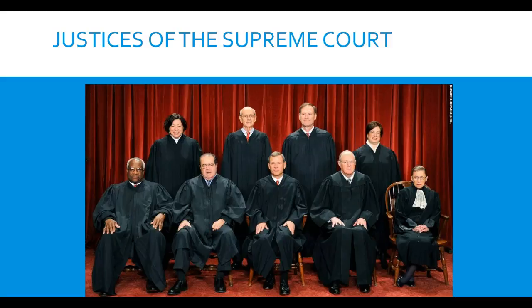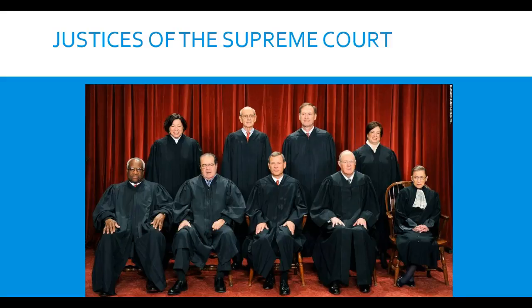Membership was decreased in 1801 to 5, then increased to 7 members in 1807, to 9 in 1837, to 10 in 1863, reduced down to 7 in 1866, but has been at 9 for quite a while. They're appointed for life.